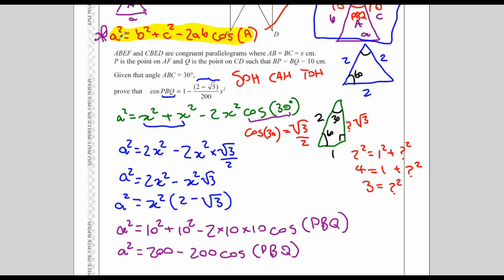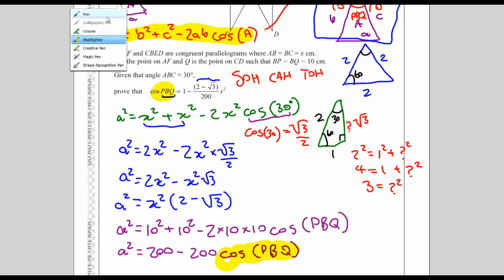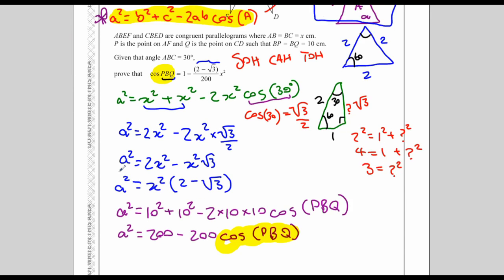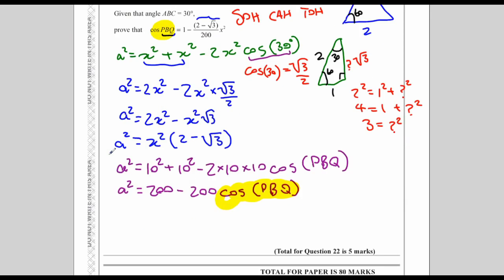Now we want our answer to be cos of PBQ, so we need to rearrange, but we're not quite ready to rearrange. We need to equate this A squared and this A squared.